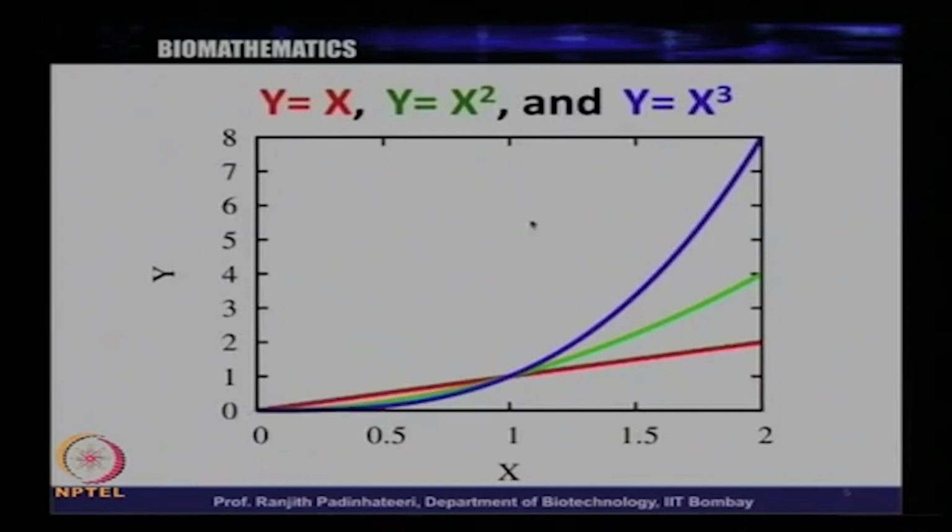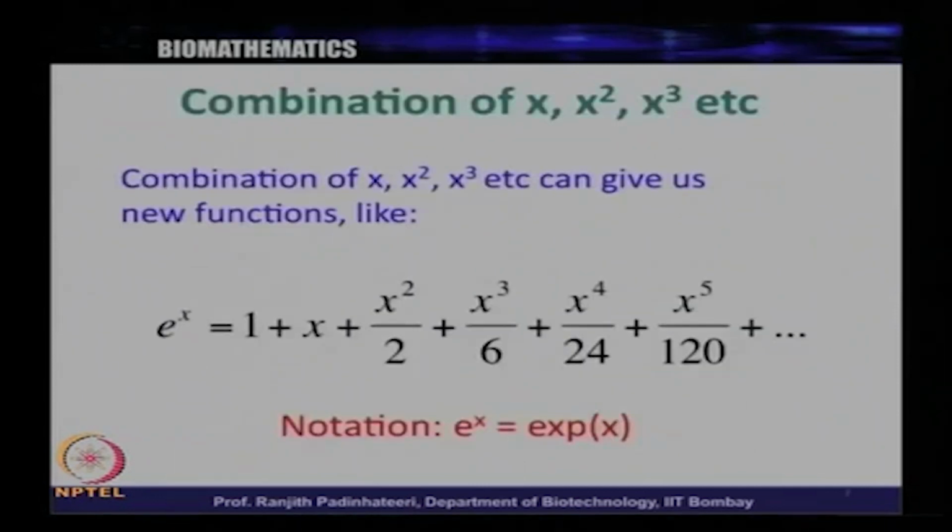As we saw last time, y is equal to x is a straight line, seen in red here. Y is equal to x square is the quadratic function, shown here in green, and y is equal to x cube is this curve seen in blue here. Once we understand these three functions, we also said that a combination of x, x square, x cube, x power 4, x power 5, etc. will give some other function.